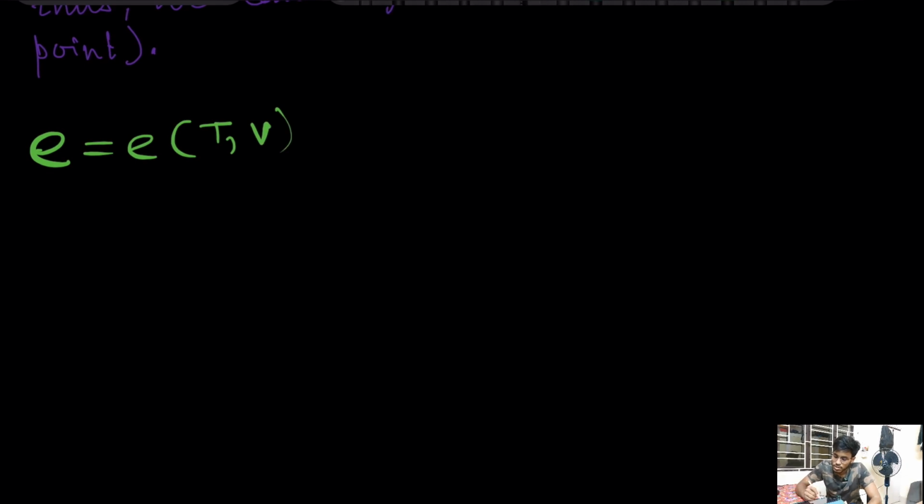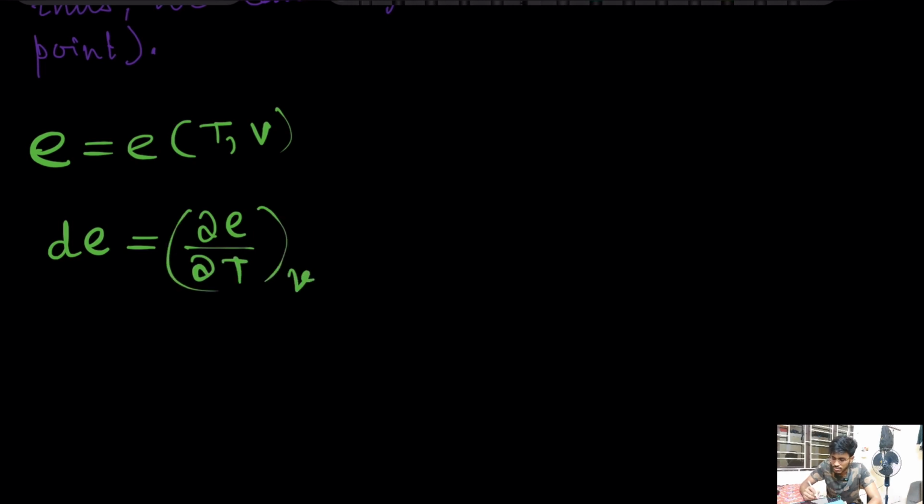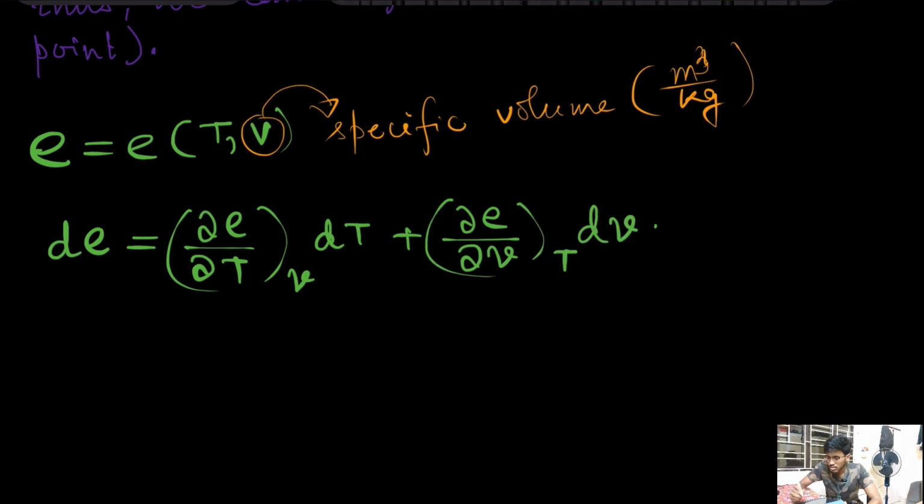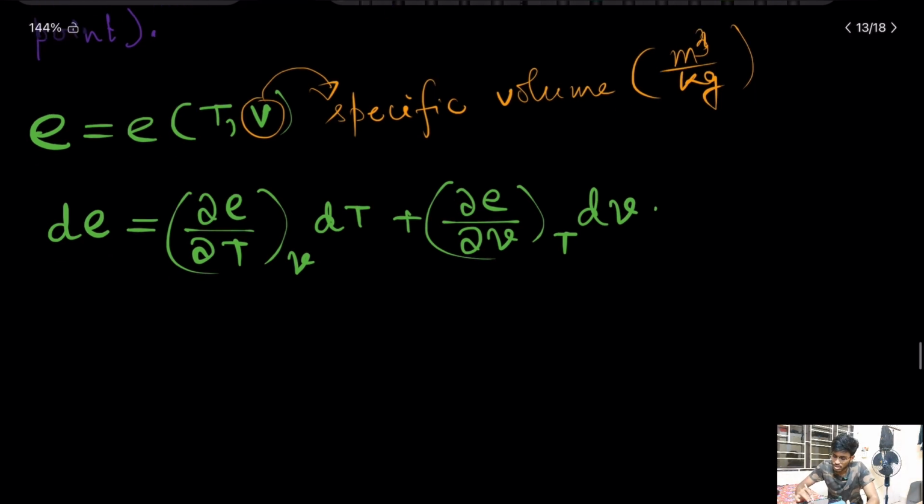Then my dE becomes del E del T at constant v, into dT, plus del E del v at constant temperature, into dv. Here T is temperature and small v is the specific volume, meter cube per kg, the inverse of the density.